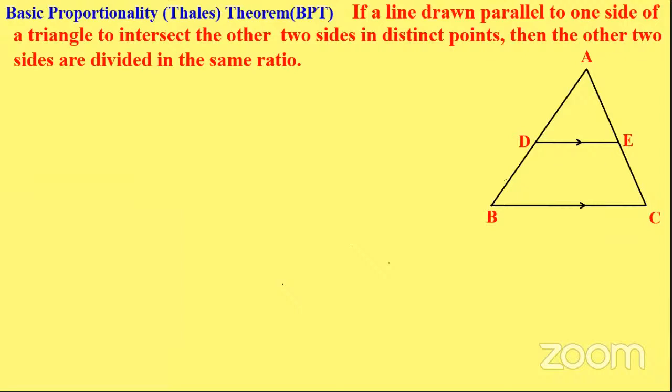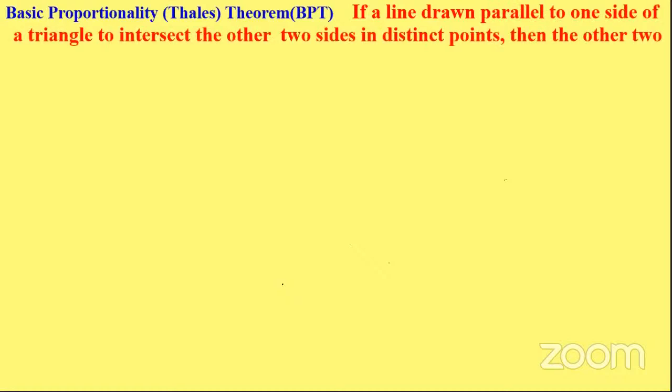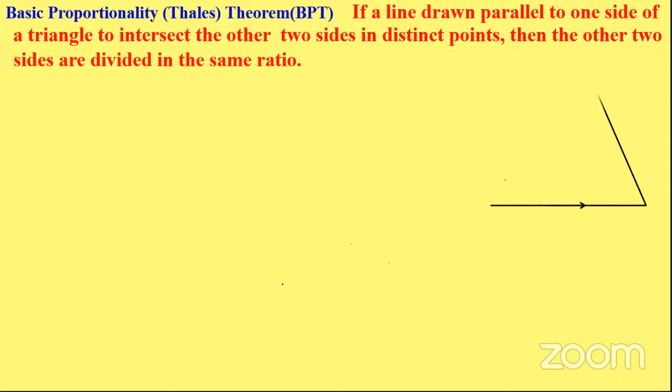The theorem is: if a line is drawn parallel to one side of a triangle to meet the other two sides at different points, then the other two sides are divided in the same ratio. So a line drawn parallel to one side of a triangle intersects the other two sides in two distinct points. Up to that is given.